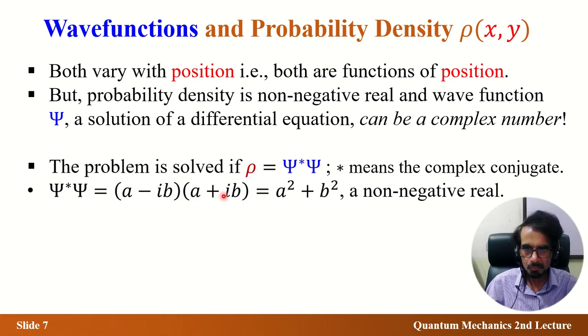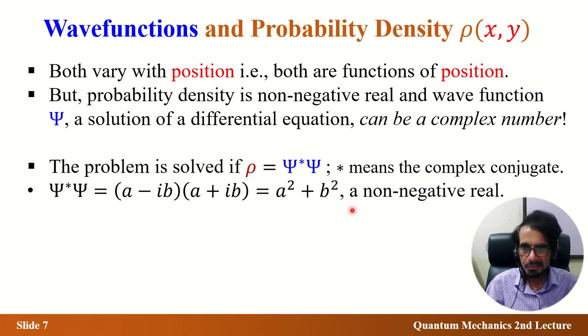If it is a plus i b, the complex conjugate is a minus i b. You multiply any complex number with its complex conjugate, and the result is non-negative real, as probability density can be. So that means you can get the probability density from the solution of the differential equation.